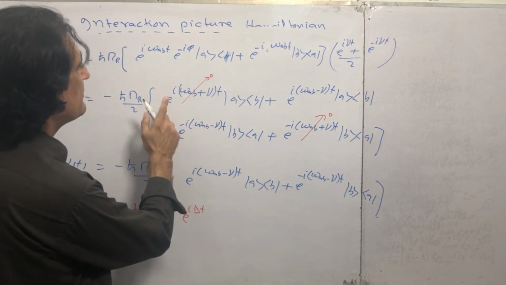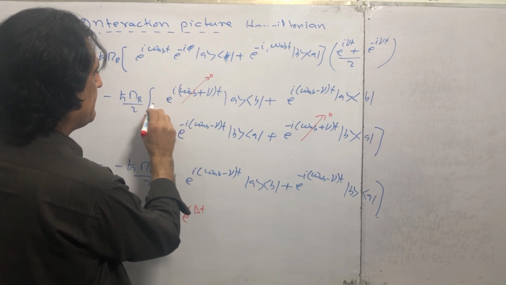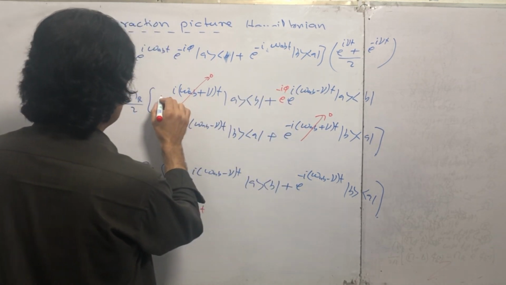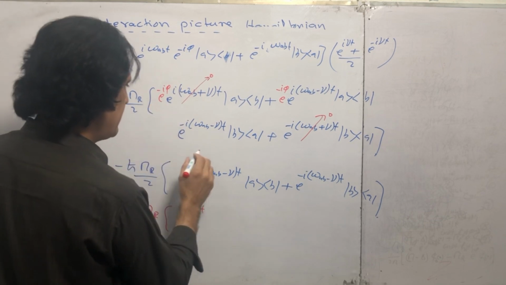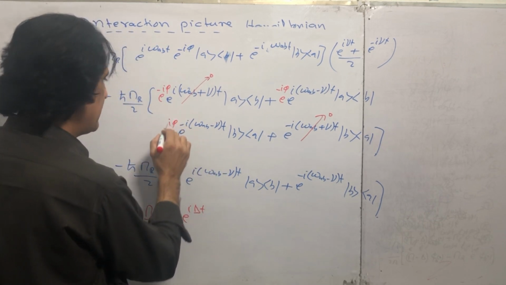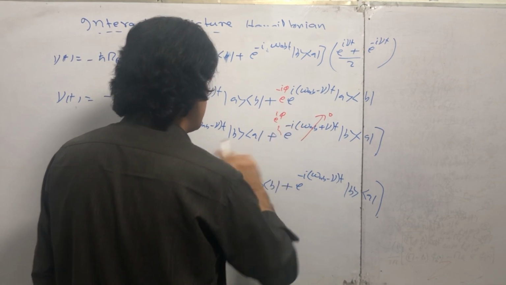We have missed one thing: e to the power minus iota phi here, e to the power minus iota phi here, e to the power minus iota phi here, and here e to the power iota phi.